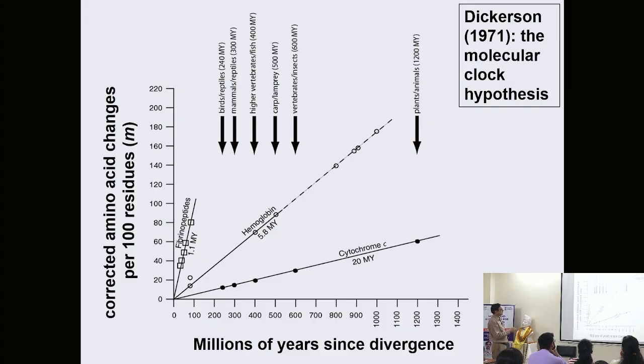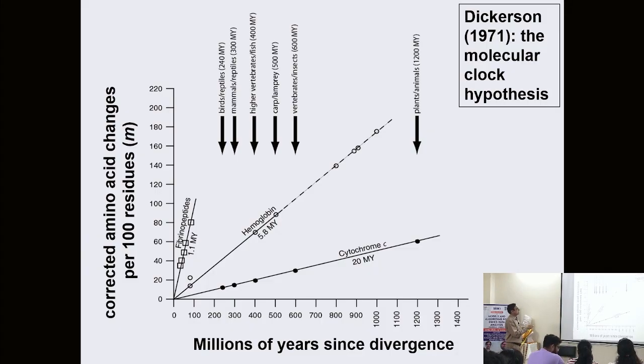If you look at their cytochrome C sequences, I'm just focused on this cytochrome C. If you compare their cytochrome C sequences, the percent mutations is 30%. So from 1200 million years to 600 million years, percent mutations also got halved, right?